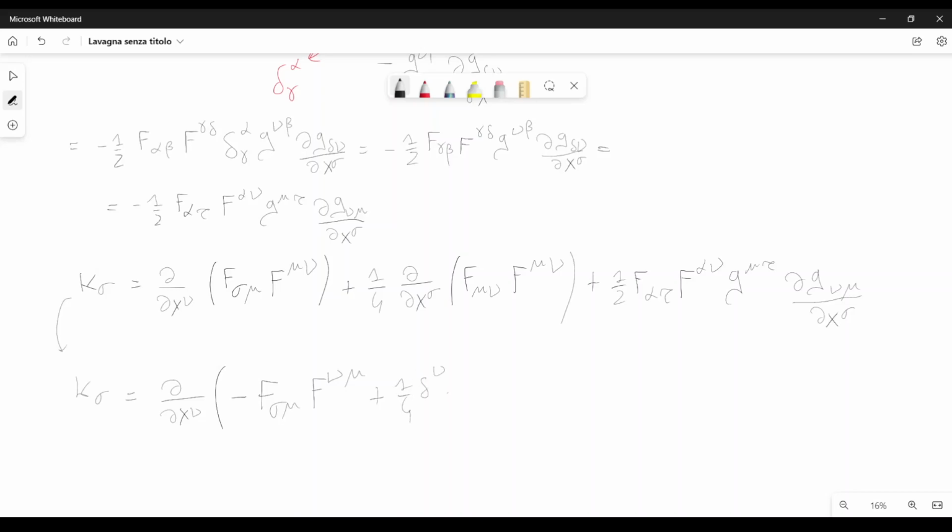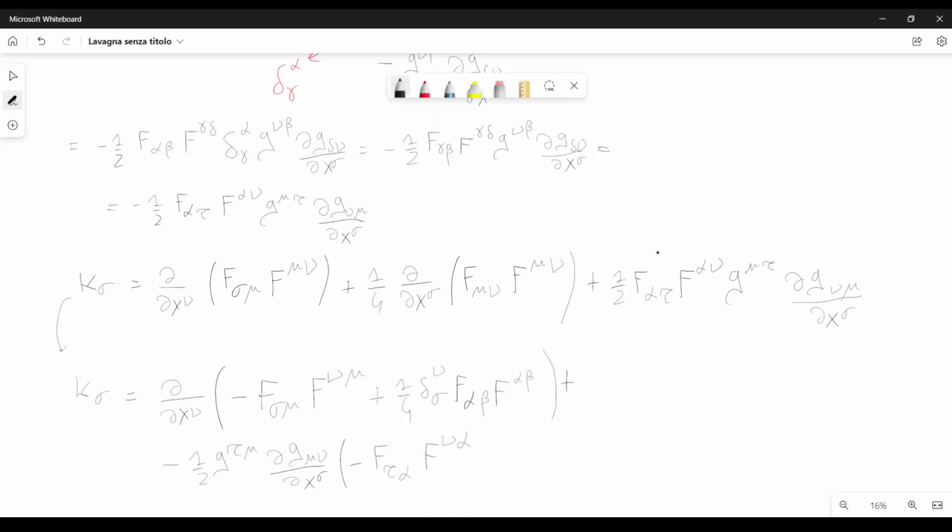plus 1 over 4 delta nu sigma times f alpha beta times f alpha beta, and then I have plus, let me go below here, minus 1/2 g tau mu derivative of g mu nu with respect to x sigma, which multiplies minus f alpha tau, or actually I can also rewrite it like this, f tau alpha times f nu alpha.